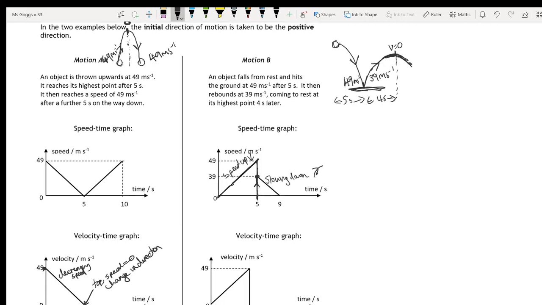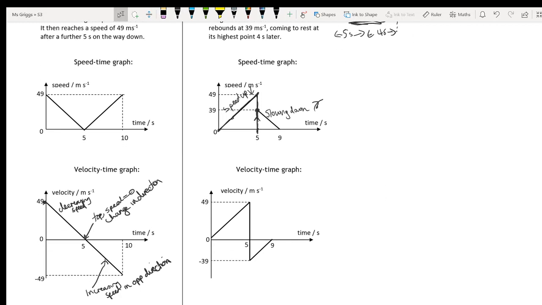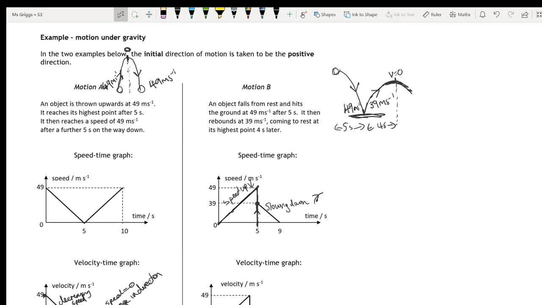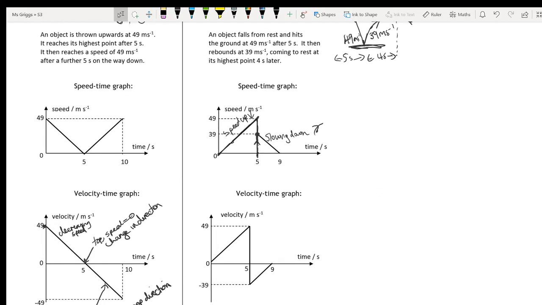So, velocity time graph. Again, the first part is the same. So, as it's going down, it's increasing in speed. And this is where it bounces.